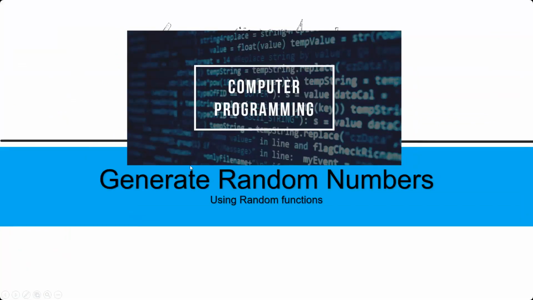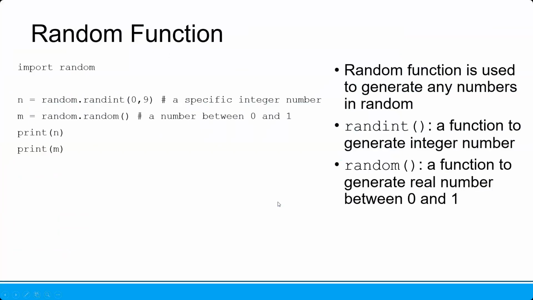Now, before we enter more complex problems, let's learn about how to generate random numbers. We can use a random function. So random function means a function to generate any numbers in random. There are two functions that we can use here.